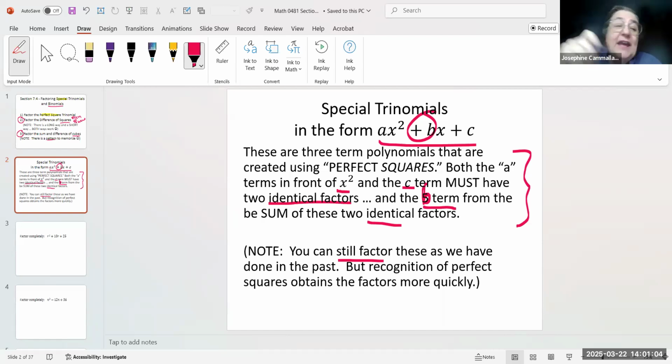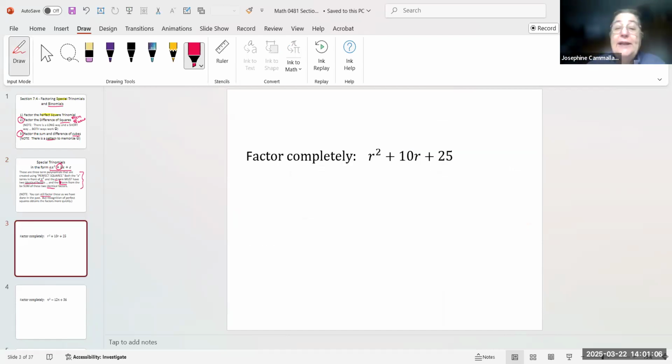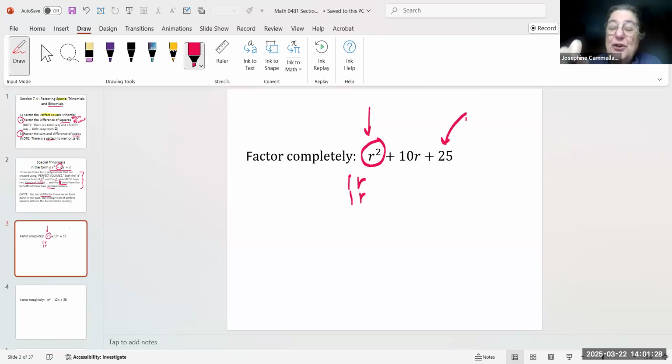Okay, then let's look right here. My a term is 1. And remember, 1 times 1 is 1, or r times r. This is my first term. This term has got to be both. This is 5 times 5.